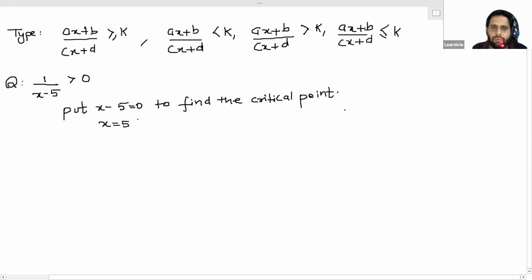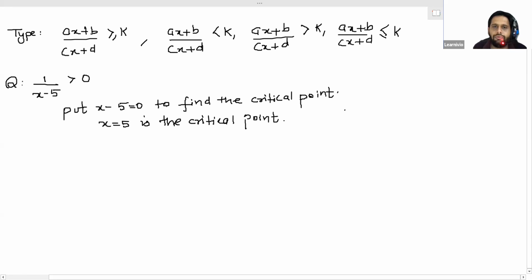So this step is clear: equate the numerator or denominator with 0 to find the critical point. x is equal to 5 is the critical point.